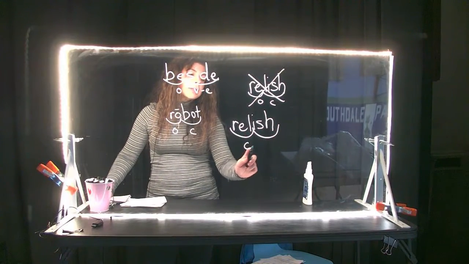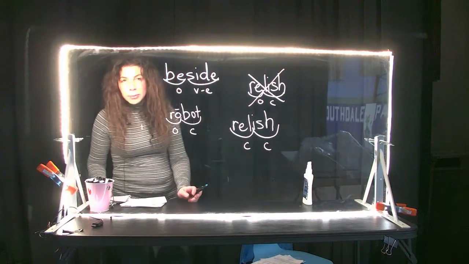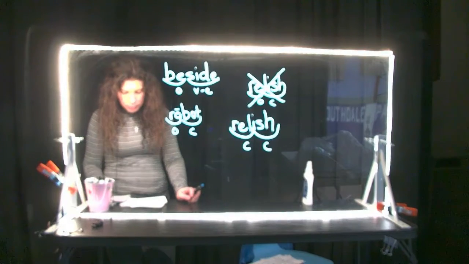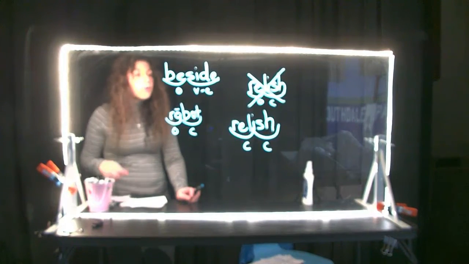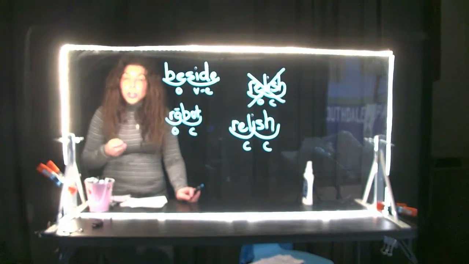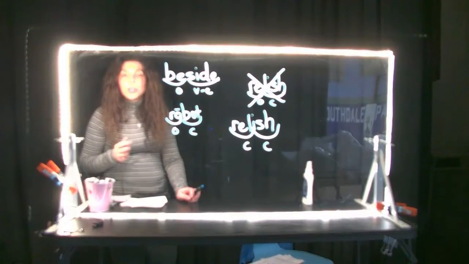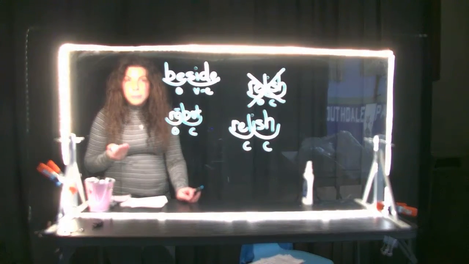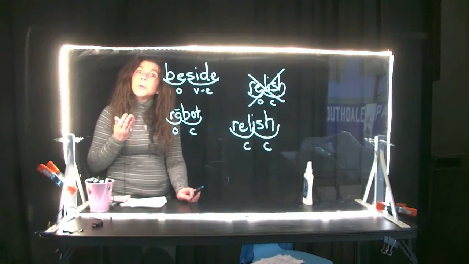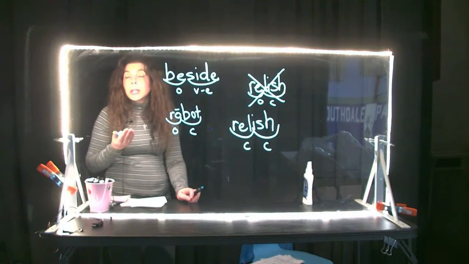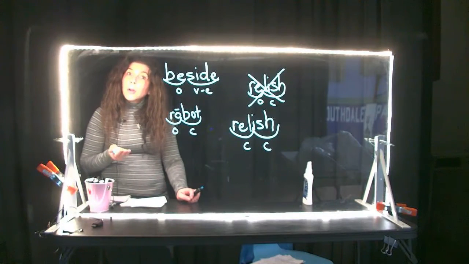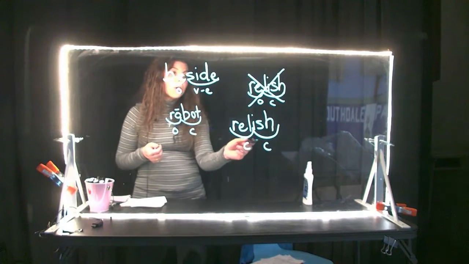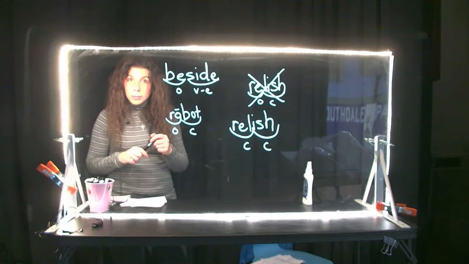Relish. This is not an open syllable with a closed syllable. It's two closed syllables. So third grade, again, just like with the schwa, the more you read, the better you get at decoding words and knowing whether it's an open syllable with a vowel consonant E or two closed syllables.